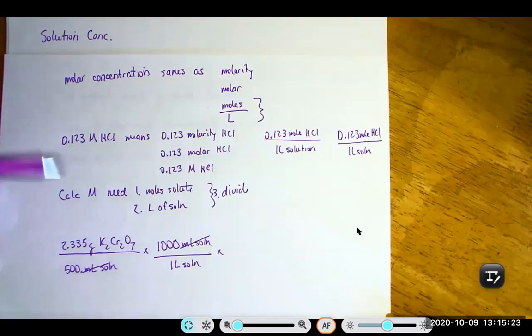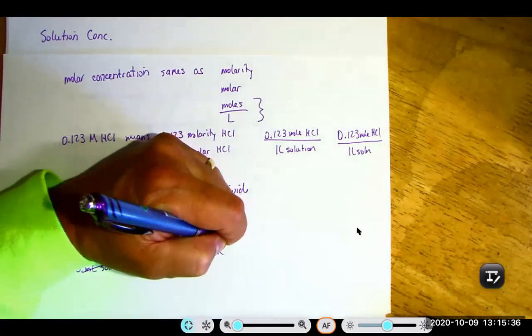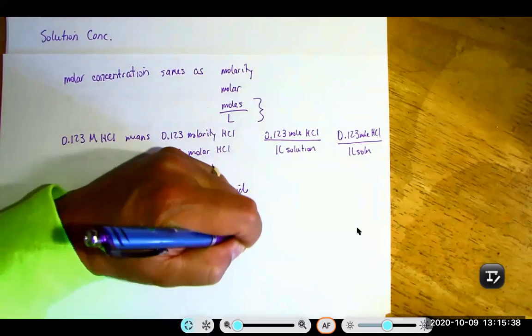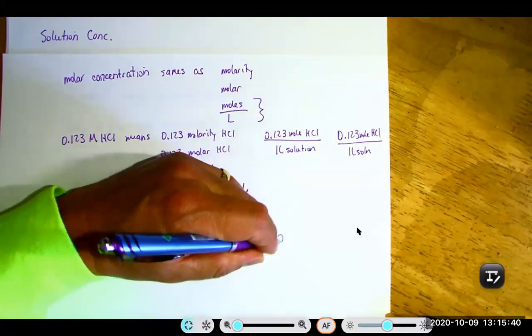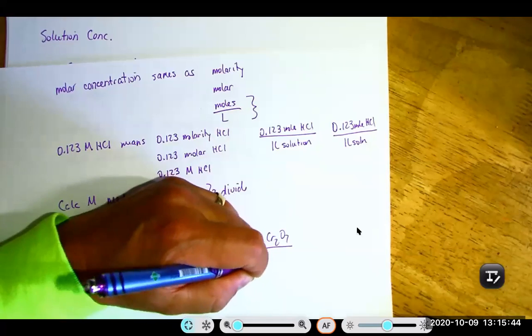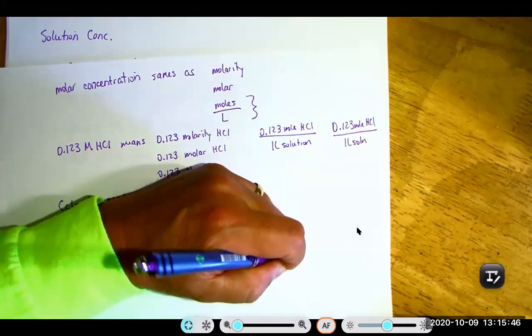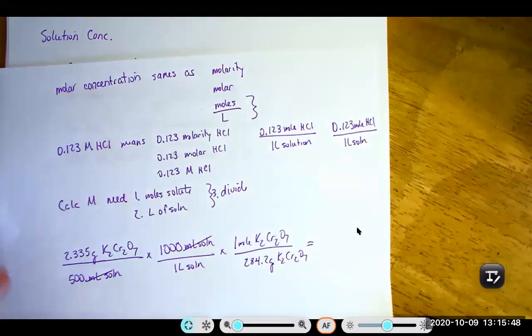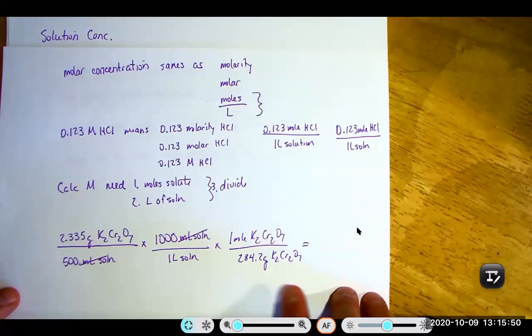And then 7 oxygens would be 16 times 7, which would be 112, right? So times 1 mole of K2Cr2O7 for 284.2 grams of K2Cr2O7. So this is how you do the calculation.